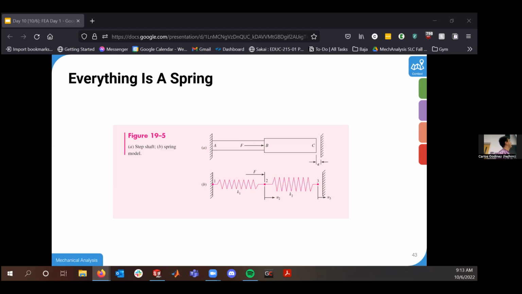So for this step shaft right here, we could do a real quick written example. We treat each section of this step shaft as its own element. For the stiffness matrix for this entire model, the first section has some spring force equivalent to K1, and this second section has a larger spring force equivalent to K2, just because it has a larger geometry and will be stiffer.